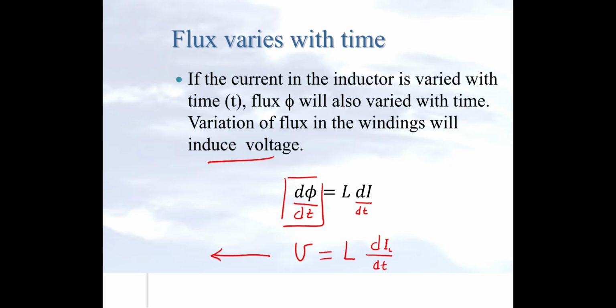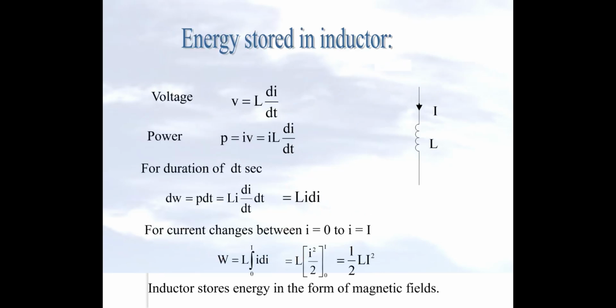Integrating this equation, I can write that I, the current through the inductor, is equal to 1 over L integral of V dt, where V here is the voltage across that inductor. So we just derived the current-voltage relationship for the inductor.